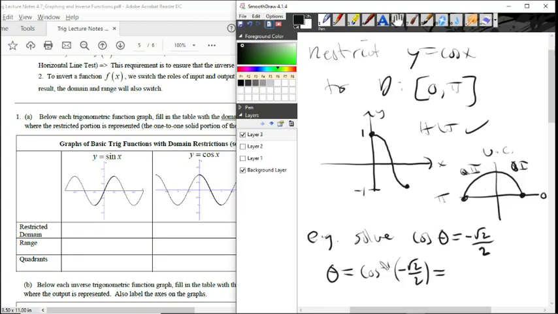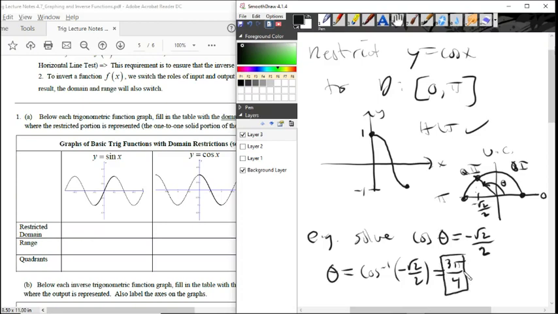Remember that in the unit circle, the x-coordinate is the cosine. So if the cosine is negative root 2 over 2, then the x-coordinate is negative root 2 over 2. Well, that happens in quadrant 2. And the quadrant 2 solution, the value of theta associated with that, between 0 and pi, would be 3 pi over 4.